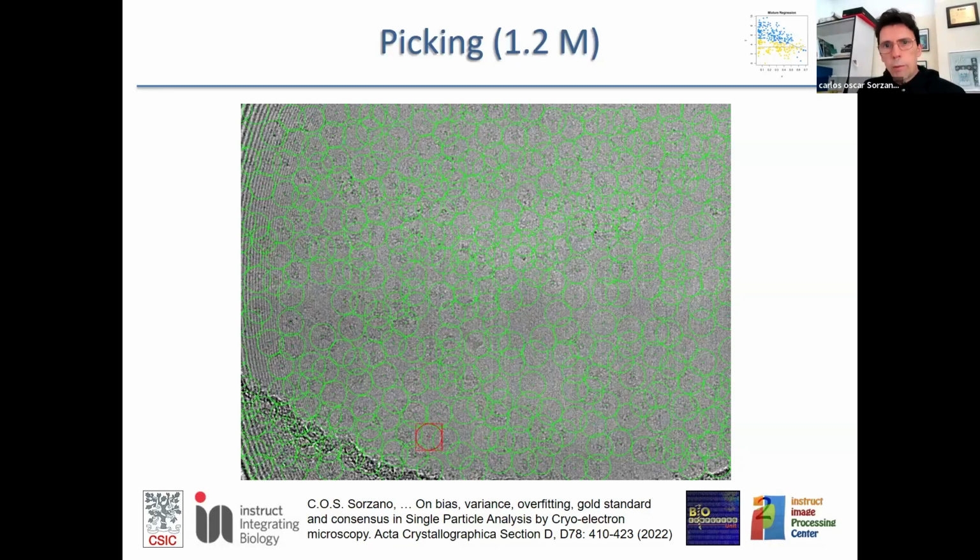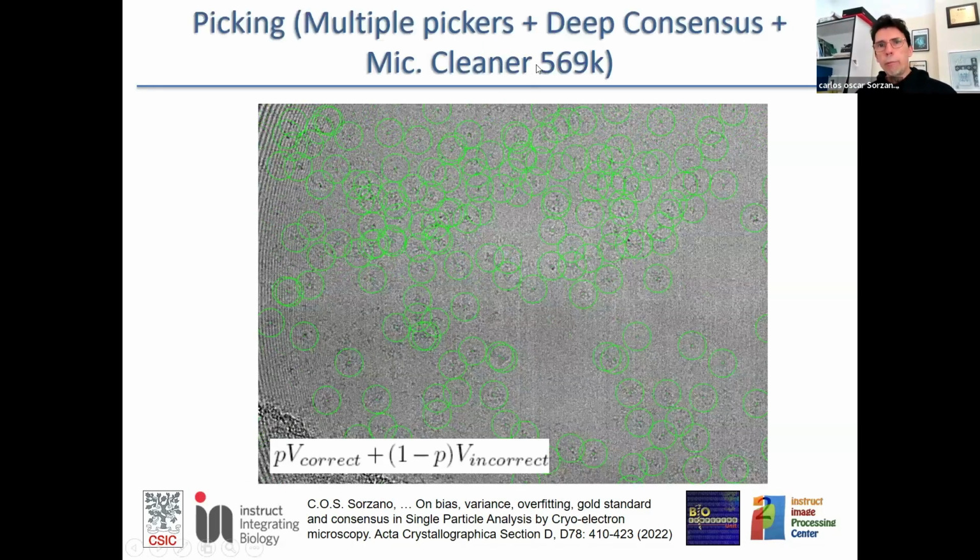And then if you use multiple algorithms to do the same task and you see what is in common between them, you see that the number of particles, or the number of proposals, is reduced by half. Many of these errors have disappeared, and disappeared means that the fraction of incorrectly estimated parameters is now smaller, so your final map will be less corrupted. And still there are some incorrect estimations that survived all these multiple pickers, Deep Consensus, that is a neural network that decides whether something is a particle or not, another neural network.